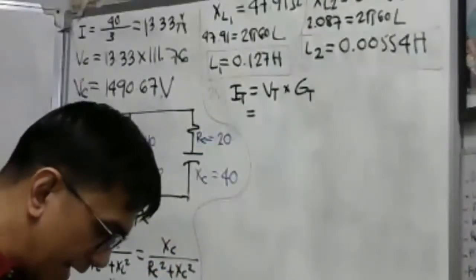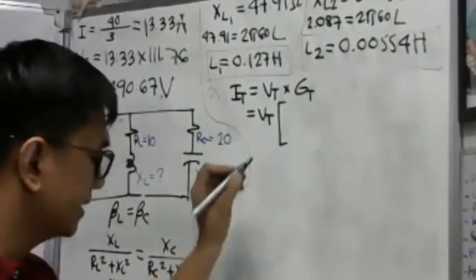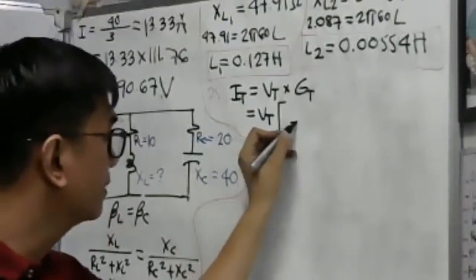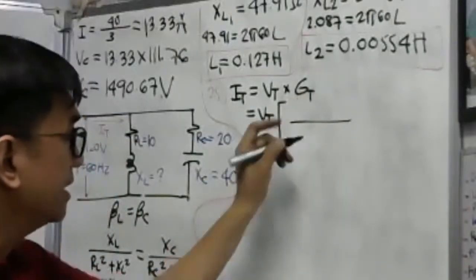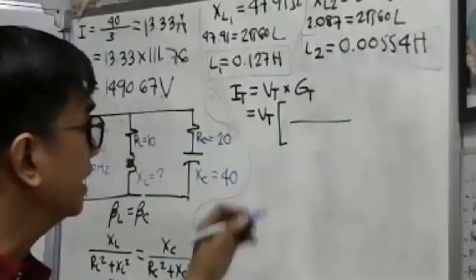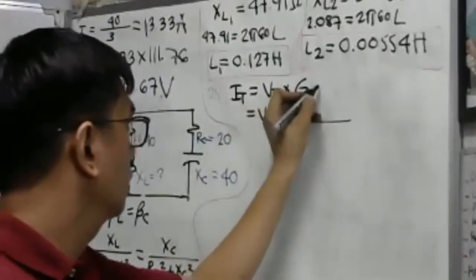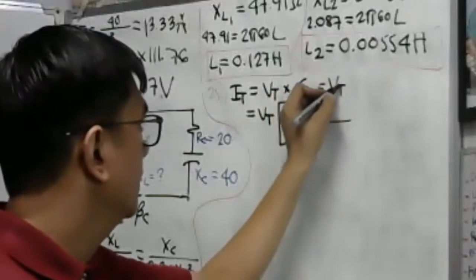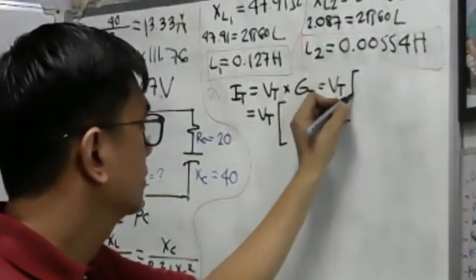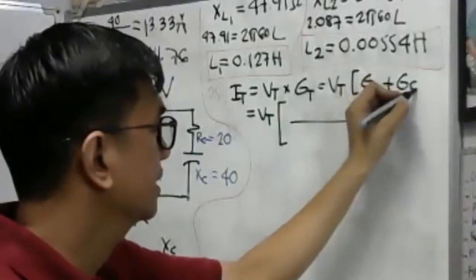Of course, this is the total voltage. Our GT is equal to V total times, so this is our GL plus GC.